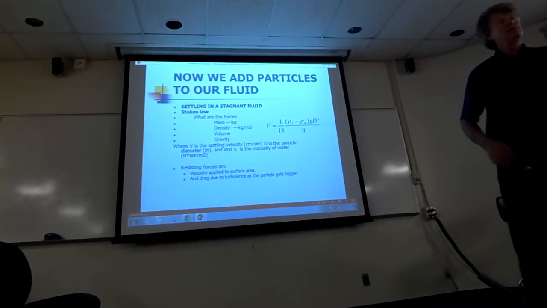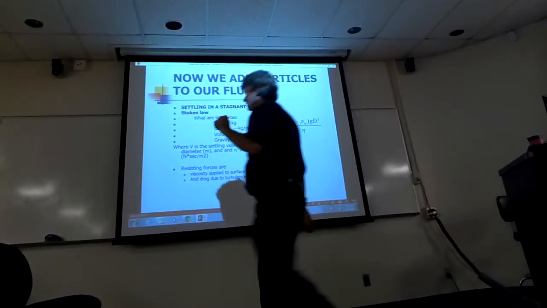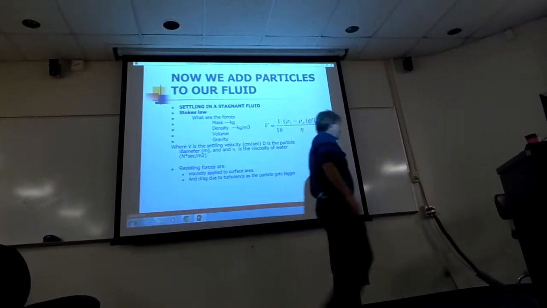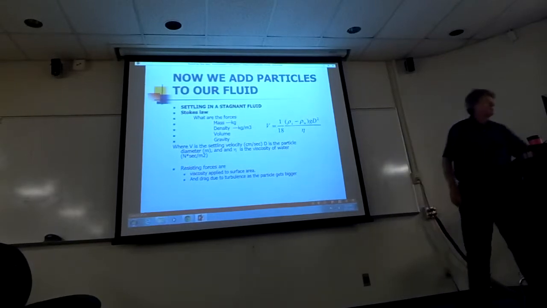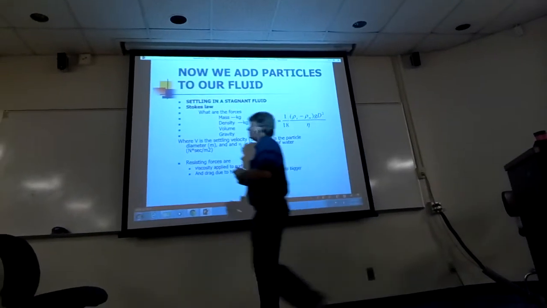What is the settling velocity of the very finest grain sand? So first, what is a 4 phi sand grain in size?